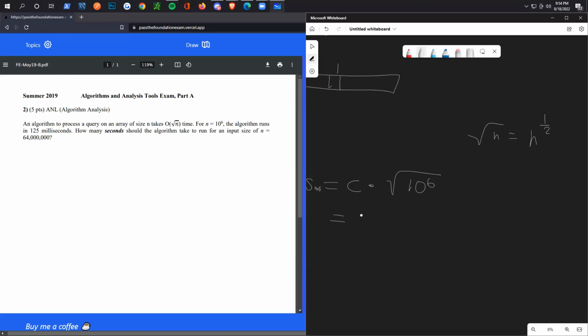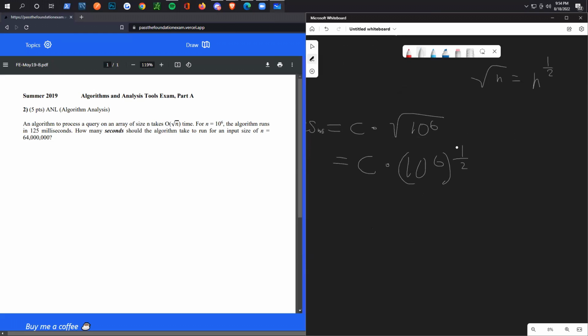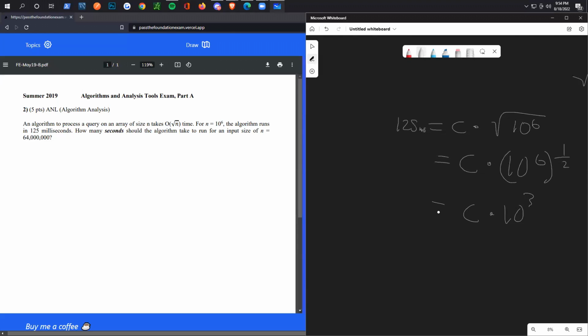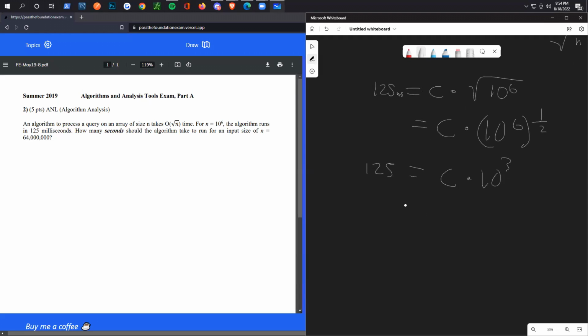So you can write this as C times 10 to the 6 to the power of 1 over 2. And like I said before, the same rule applies: multiply an exponent raised to an exponent. So 6 over 2 is just going to be 3. So C times 10 to the 3 is equal to 125, and we end up with C equals 125 over 1,000, or 10 to the 3.